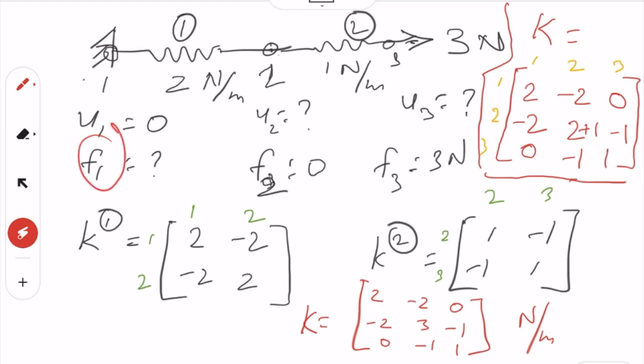So 0, u2, u3 is the displacement, and F1, 0, 3 is the force vector. Let us write that.